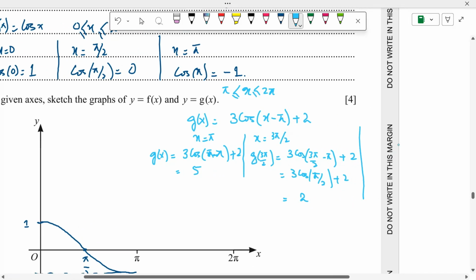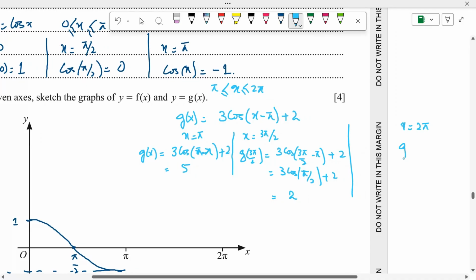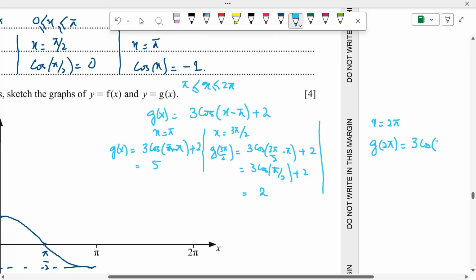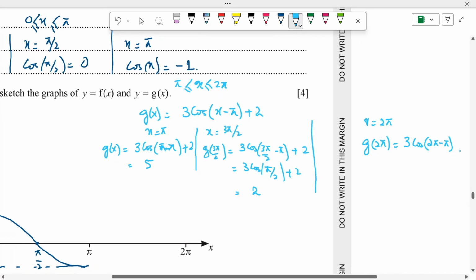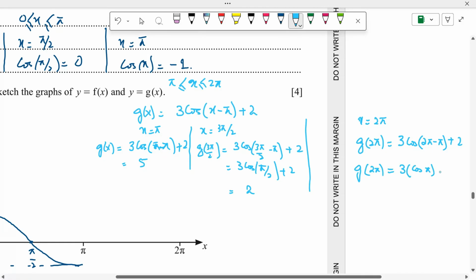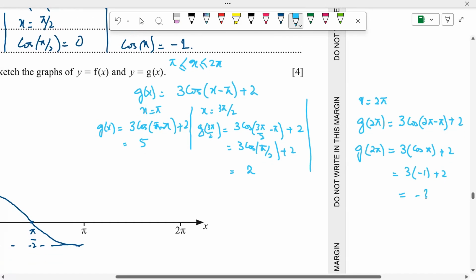Another point: when x equals 2 pi, g of 2 pi equals 3 cos of (2 pi minus pi) plus 2, which is 3 cos of pi plus 2. Cos of pi is negative 1, so 3 times negative 1 plus 2 equals negative 1.